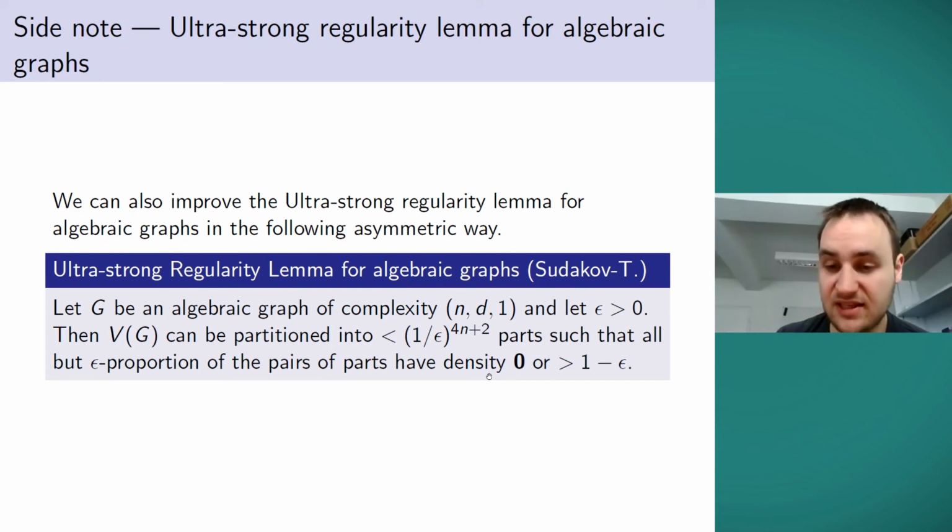Previously we had density at most epsilon, but now we can clean these parts up, and we can guarantee that they are empty. But unfortunately, we still need to keep the dense parts. For them, we can only say that they have density at least 1 minus epsilon.